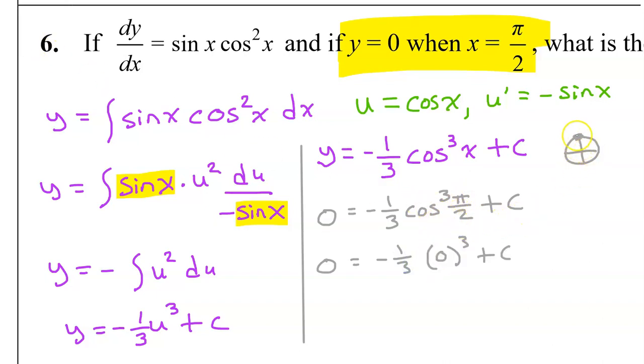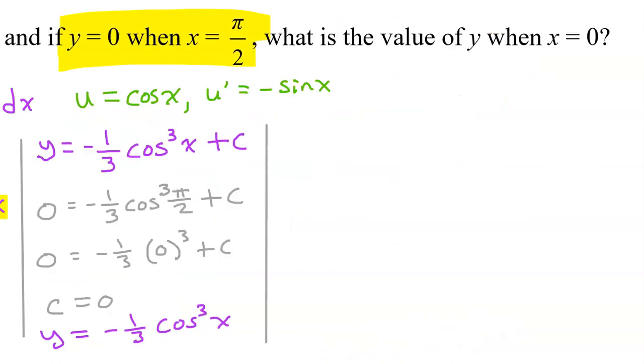The cosine of pi over 2 is 0. So now we have 0 to the third power, which is just 0, and 0 times negative 1/3 is 0. So we end up with c equals 0. That means the original equation must be y equals negative 1/3 cosine cubed x, and that's all.